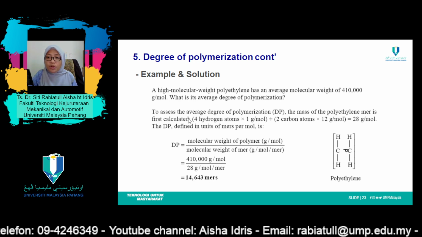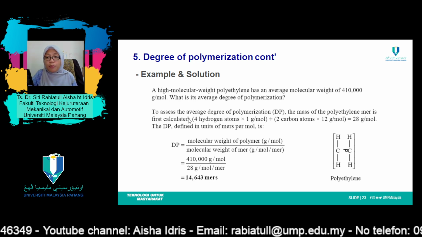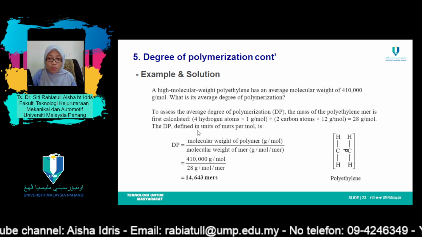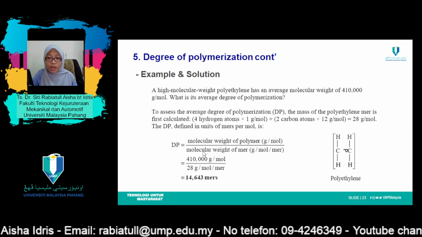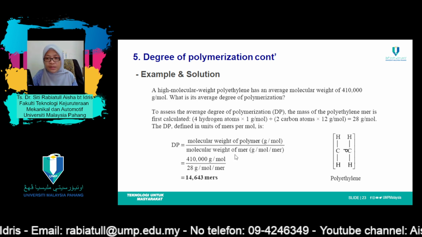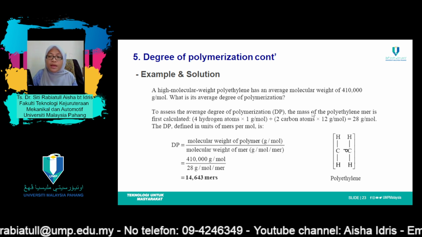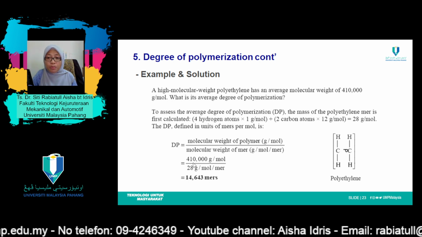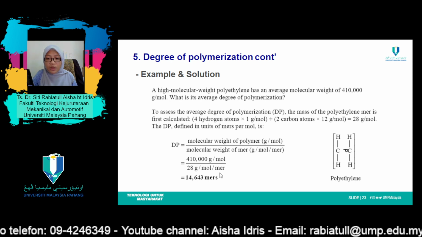To calculate the degree of polymerization, or DP, the formula is as follows: DP equals the molecular weight of the polymer divided by the molecular weight of the mer itself. So the molecular weight of the polymer is given as 410,000 grams per mole, divided by 28 grams per mole.